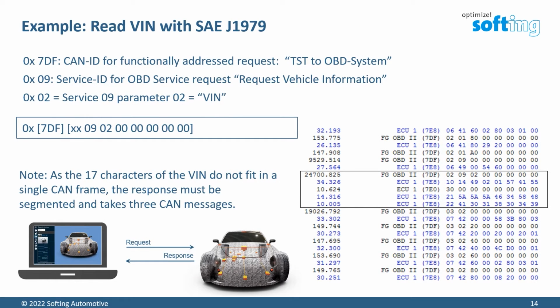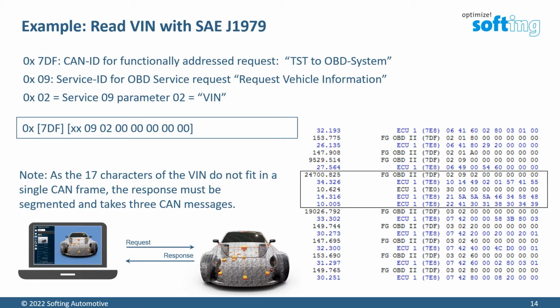In the last section of my presentation, I would like to show you an example of how to read the VIN with J1979 classic OBD compared to J1979 UDS-based OBD. As we talk about diagnostics on CAN and not on Ethernet, we need CAN identifier.